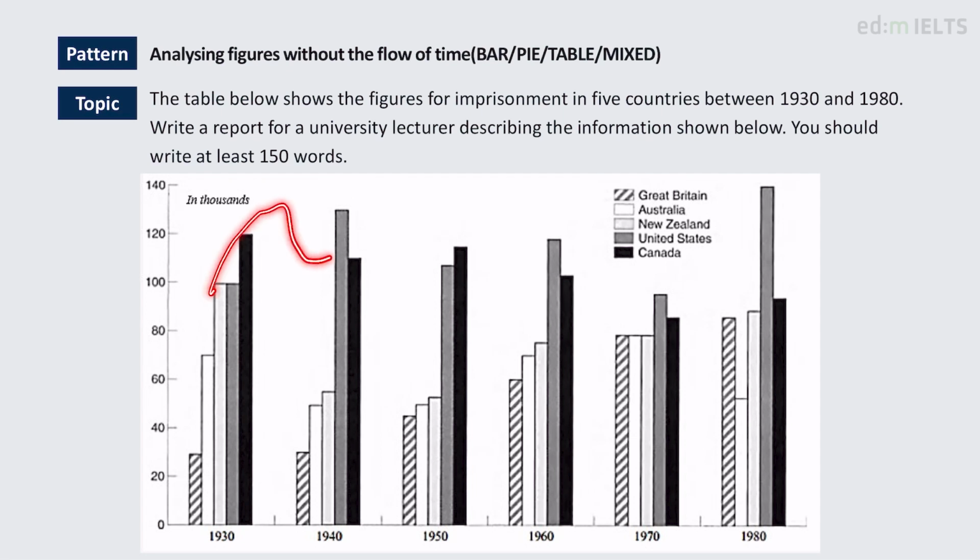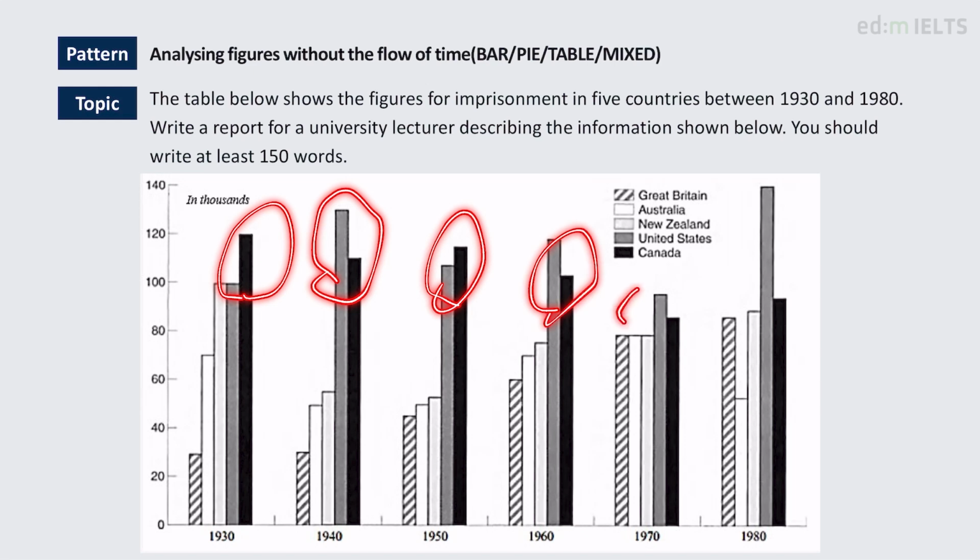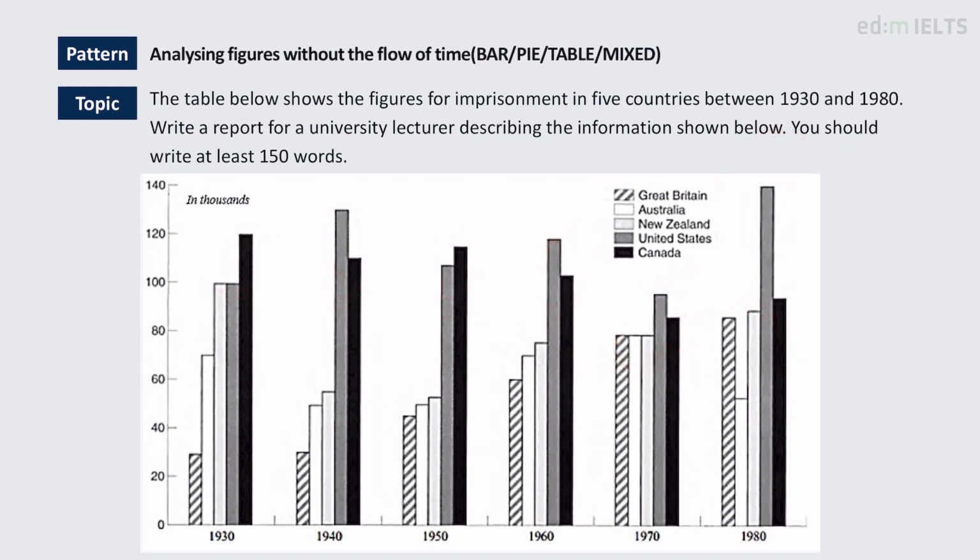In general, the figures did vary a bit, they fluctuated. You can talk about how the gap between these figures was generally similar, but there's actually a huge difference in the last year, when the number of imprisonments in the United States was significantly higher than that in Canada. Imprisonments significantly outnumbered those in Canada in that final year.